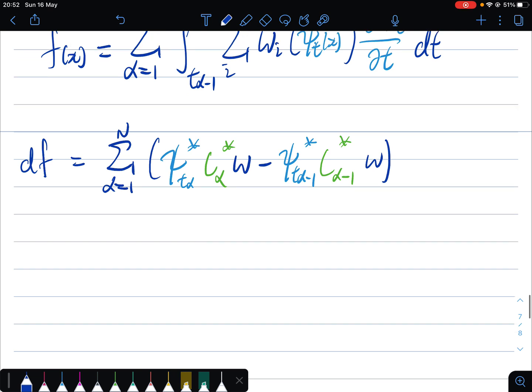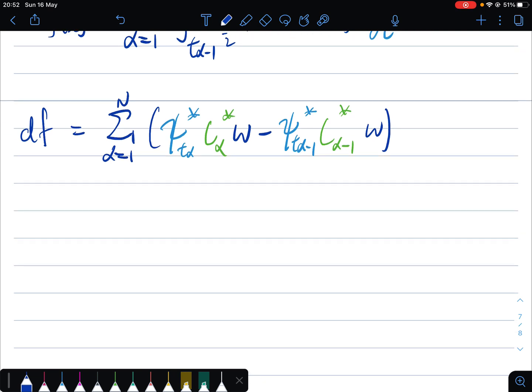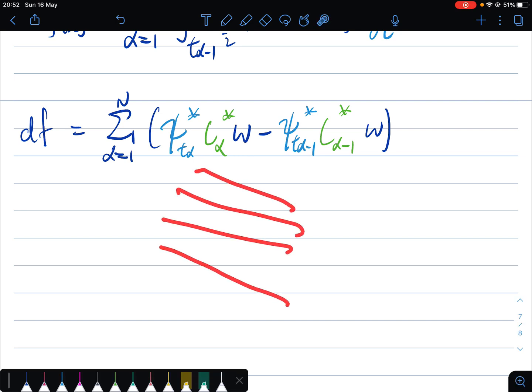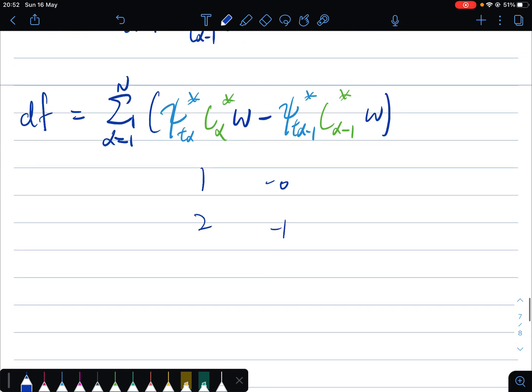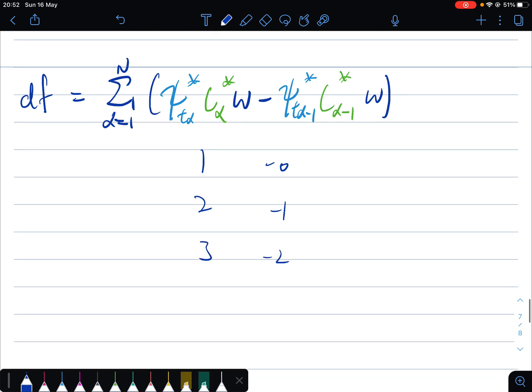And then we can see that there will be many cancellations, like between this one and this one, and this one and this one. 0, 1, and then -1, and 0, 1 minus 0, -1, there's 2 here, and then -2, and then 3 here.